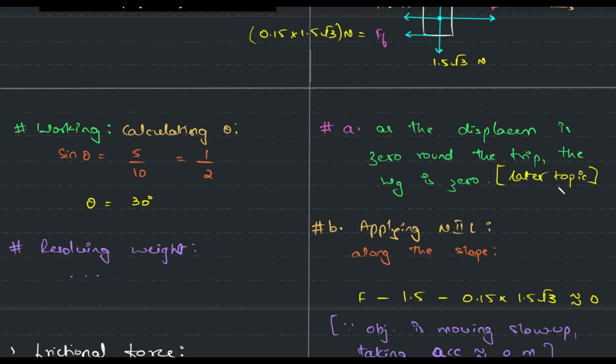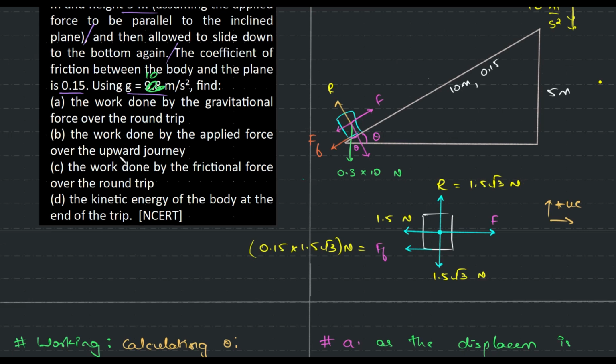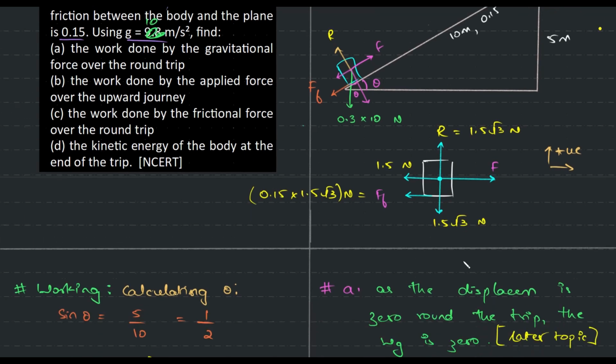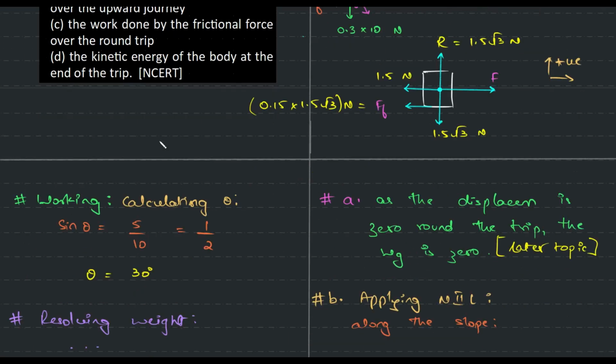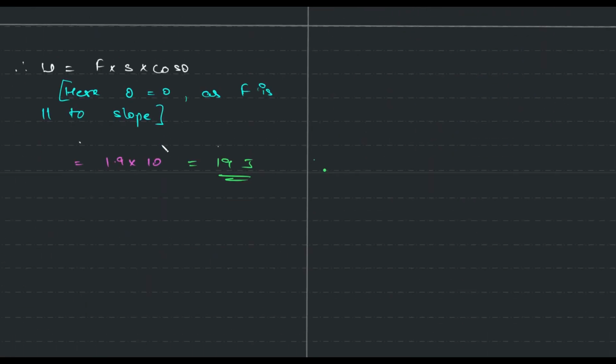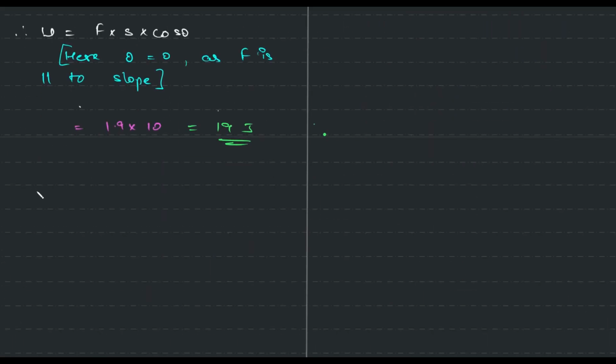Yes, I'm not able to clear it now, so we'll understand this in the next section. For now, you guys can take that as 0, while the work done by frictional force around the trip is non-zero. It has to do with the conservative nature of gravity, while friction is not conservative in nature.